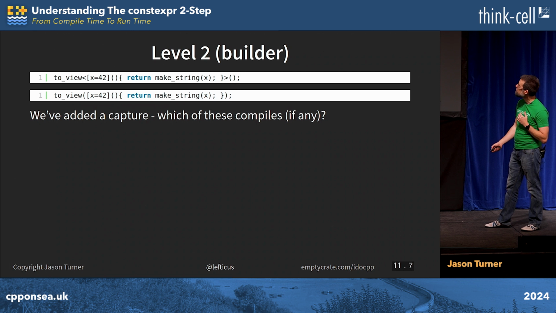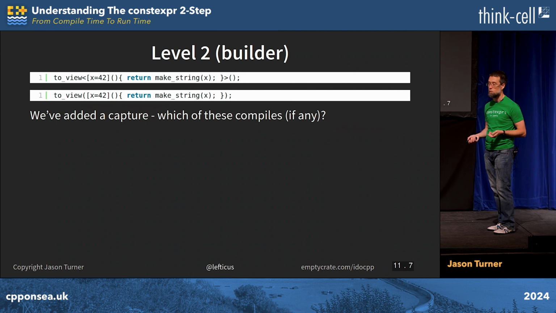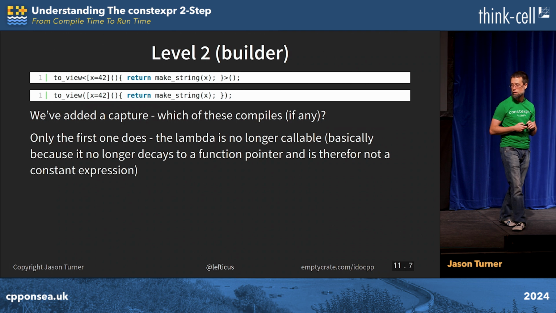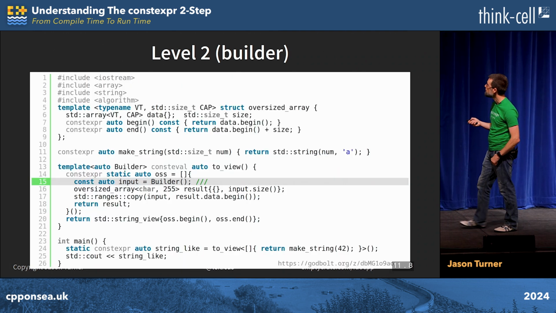But the template parameter version actually ends up being the more versatile one, where I pass the callable thing as a template parameter in the top block. So that's what we will have in some of our examples too. The bottom version doesn't compile.